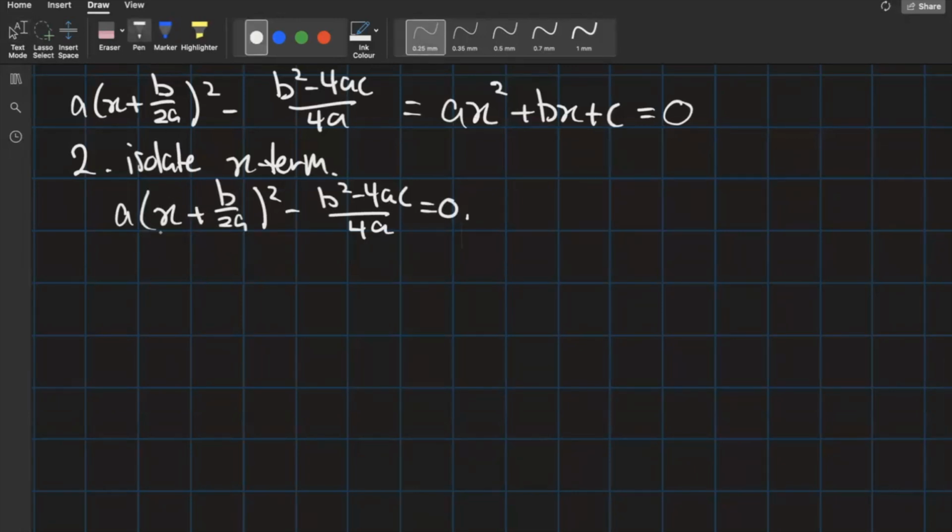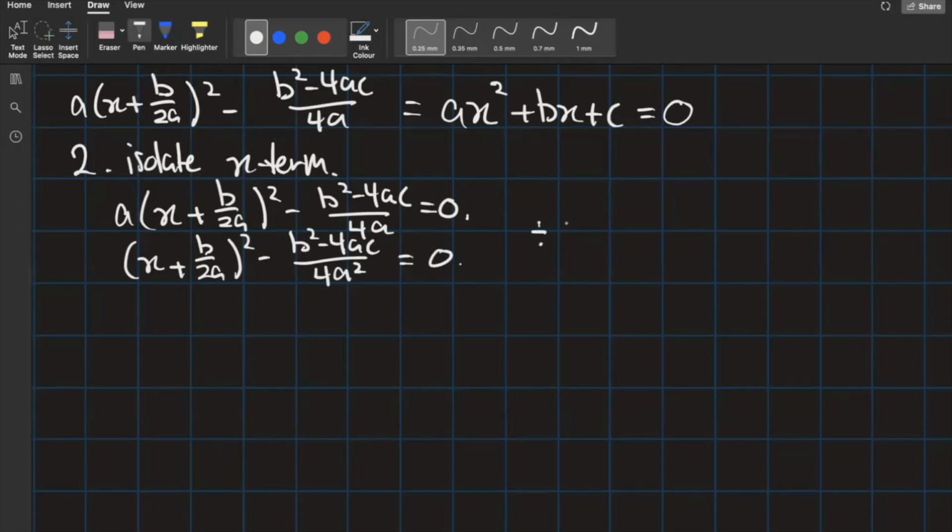So dividing both sides by a gives us (x plus b on 2a) squared, subtract (b squared minus 4ac) divided by 4a squared, and that's still equal to 0. And let's just write that out, divide by a.